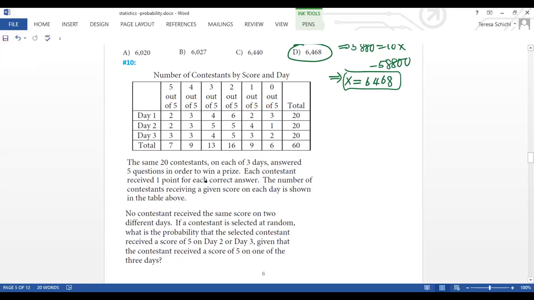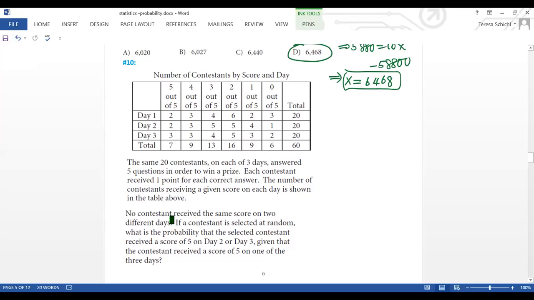So this is the same 20 contestants on each of the 3 days. They answer 5 questions in order to win a prize, and they receive 1 point for each correct answer. So here's their summary data. Okay, now let's take a look so we can see any specific question they ask us.